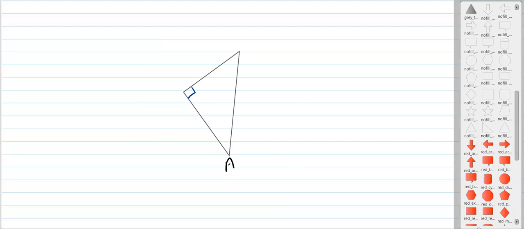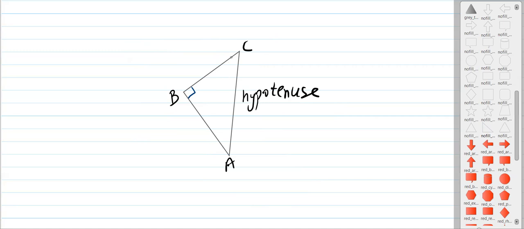Let me name the vertices A, B, and C. The side opposite to this one is the hypotenuse. Hypotenuse is actually a Greek word, so some letters are silent.